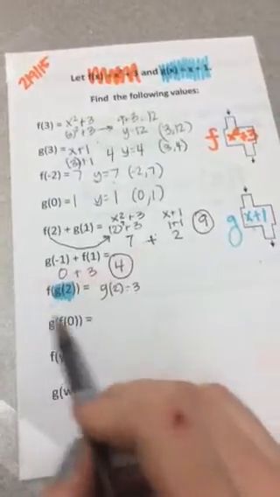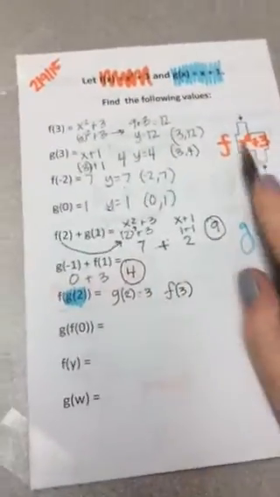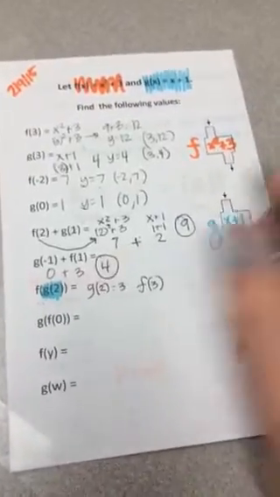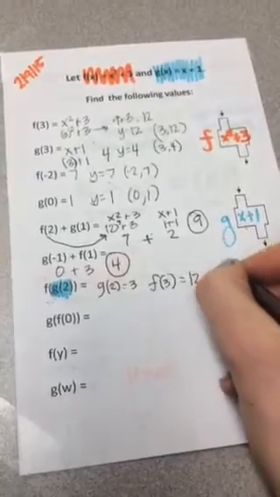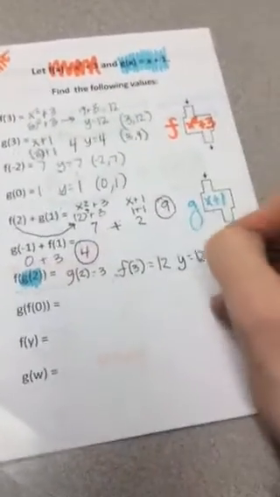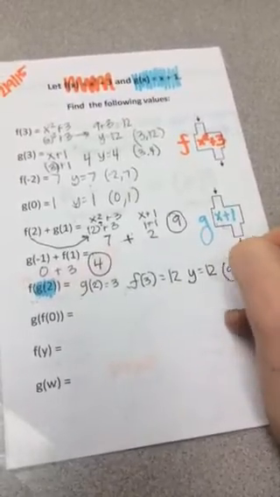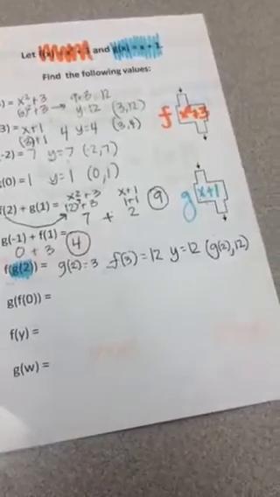Then we're going to evaluate the function f at 3. So 3 squared is 9, plus 3 is 12. And we can say y equals 12. In this case, though, our input was actually g of 2.